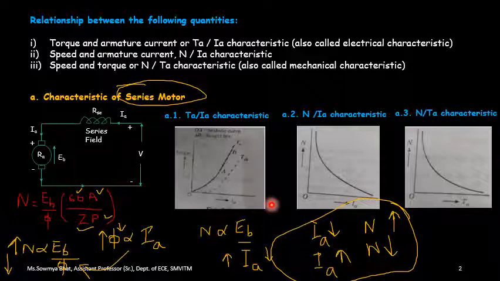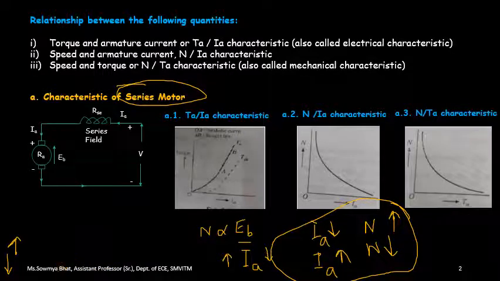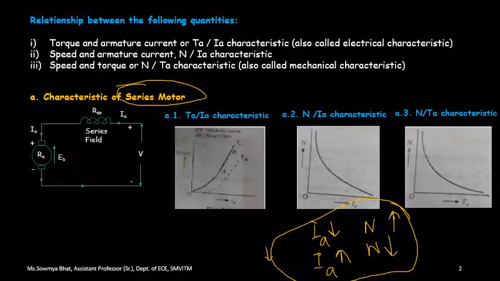The last type of characteristic in the DC series motor we will be seeing is speed versus the armature torque, for which we will be using the torque versus armature current as well as speed versus armature current relationships. If the first two relationships are clear, the third is very easy to understand.